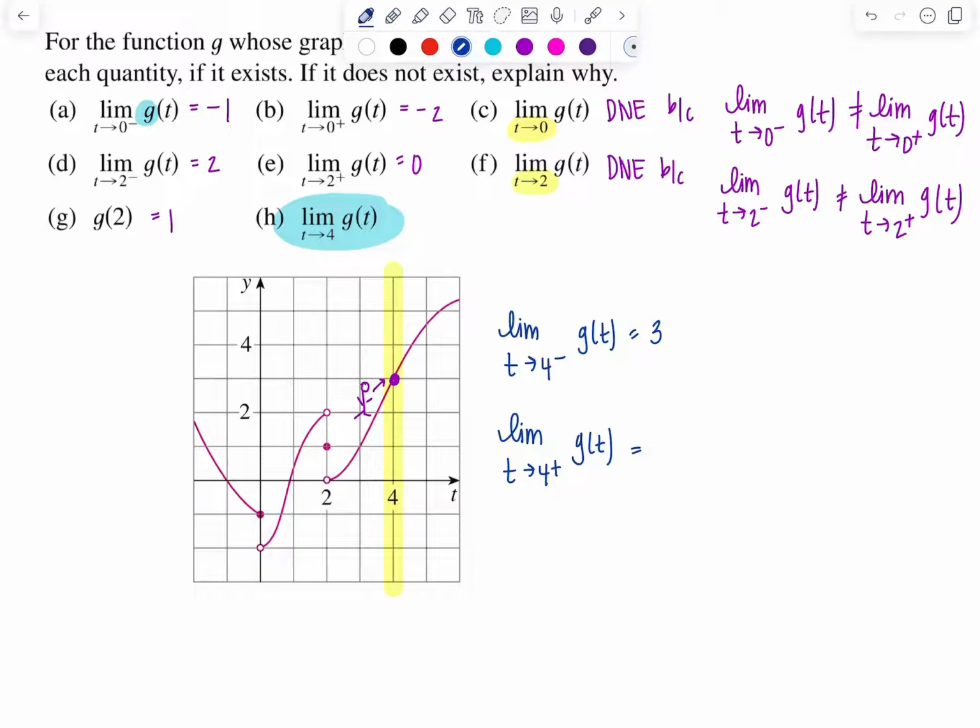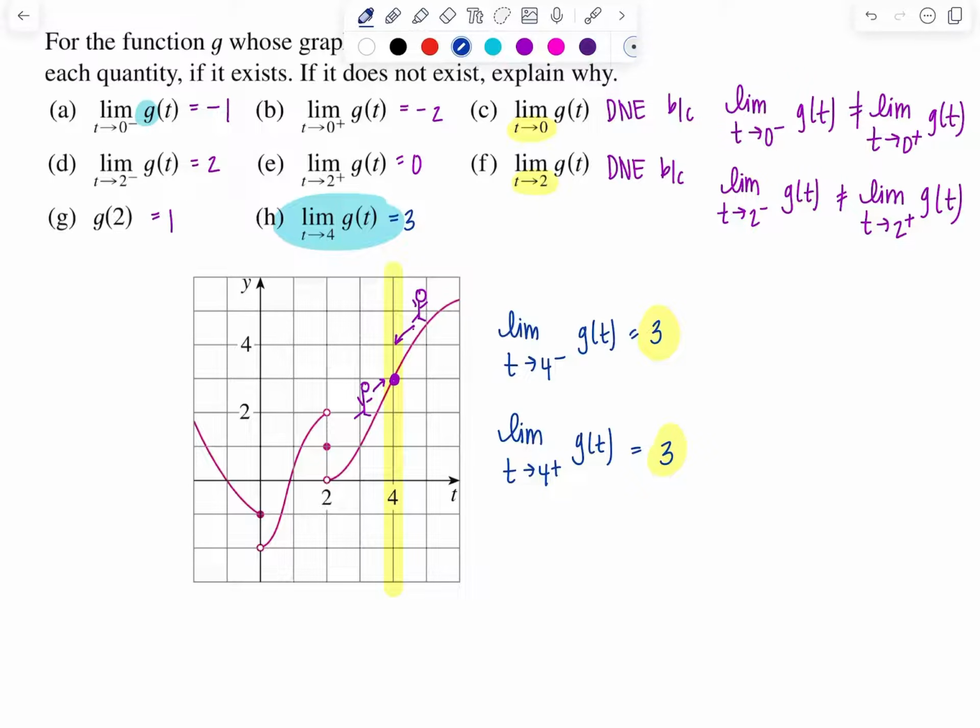And from the other side, as you're walking, again, you're approaching 3. So in this case, we can say the limit as t approaches 4, since the limit from the left equals the limit from the right, this is equal to 3, the y value. Okay, good. Hope that helped.